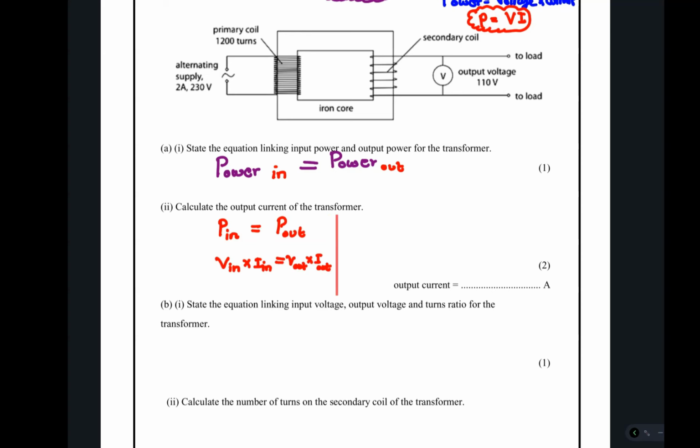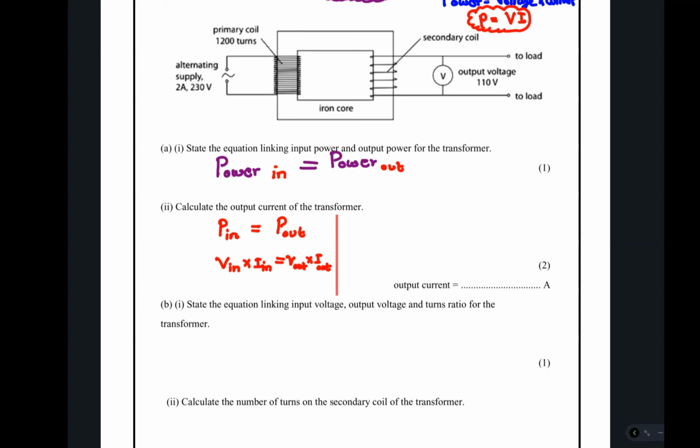In is the primary coil, and out is the secondary coil. Remember, we're using out because at the secondary coil, that is where the power is taken out of the transformer. Now we need to check the voltage in the primary coil and the current in the primary coil. That's well demarcated there.